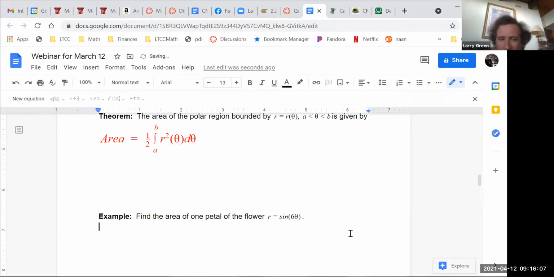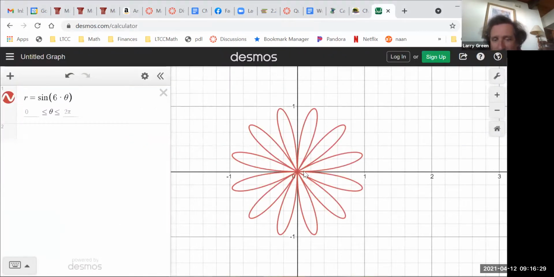Okay, and this is where some people have a lot of trouble because it's trig. And not everyone loves trig, but you got to do it whether you like it or not. So we know from that picture where we start and we end, what is r? Let me go back to the picture. So what is r at the beginning and end of a petal?